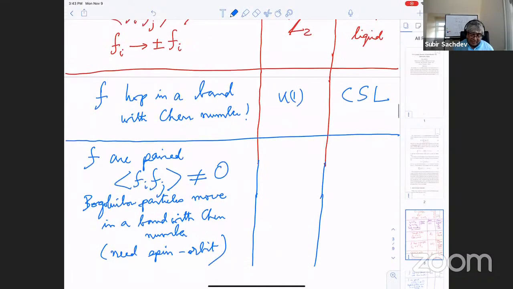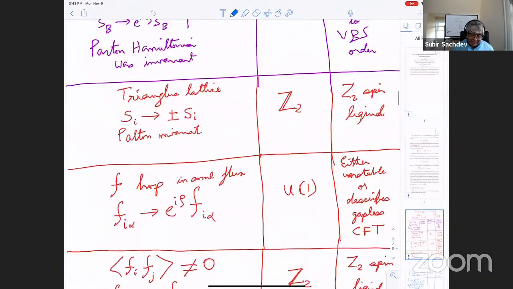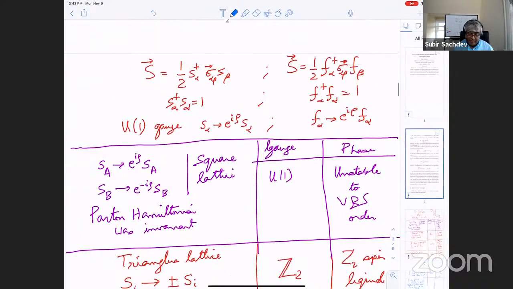Okay, so we're going to fractionalize the spin into fermions. Notice that to play with Chern number, I need fermions. It's hard to have bands of bosons with Chern number. I mean, bosons can move in a band with Chern number, but if the bosons have a band, they just condense. So that's why we're using fermions.